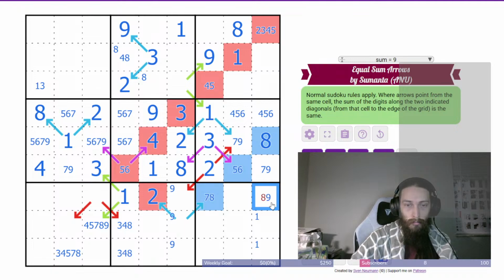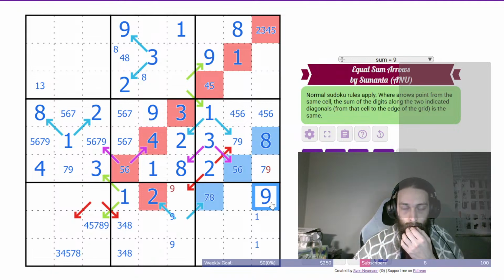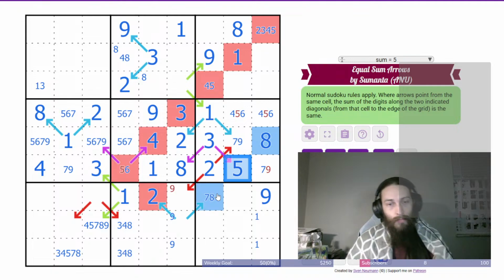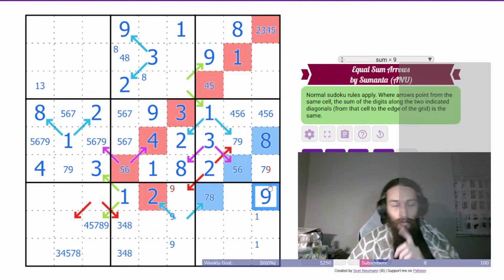But it can't be an 8, so that would be a 9. So this has to be 5? Well, if it's 6, 10. Well, this has to be 0 and 9, or 1.